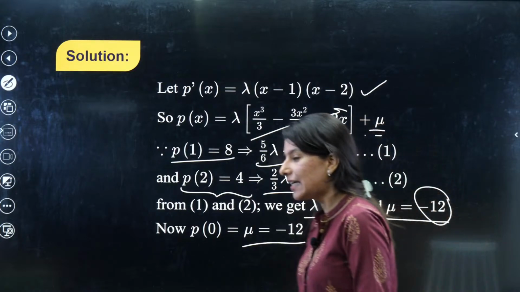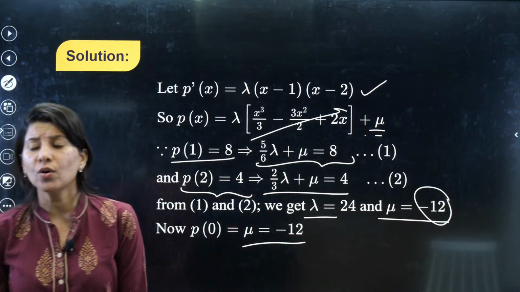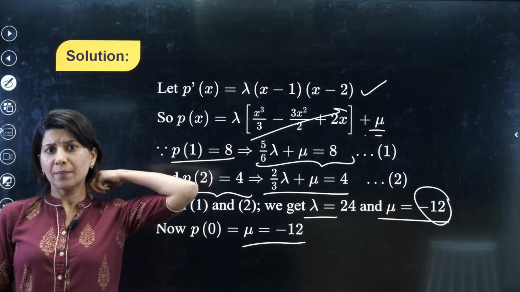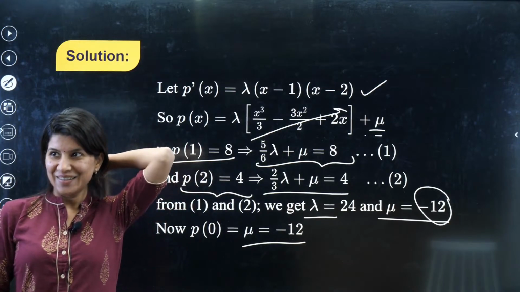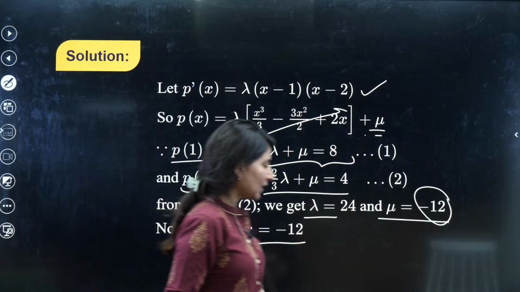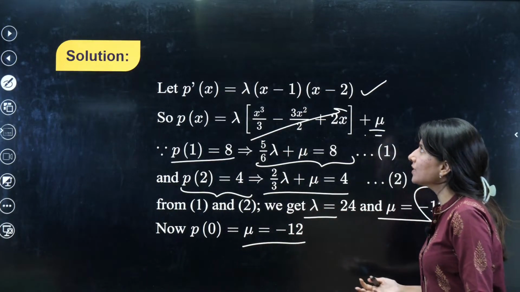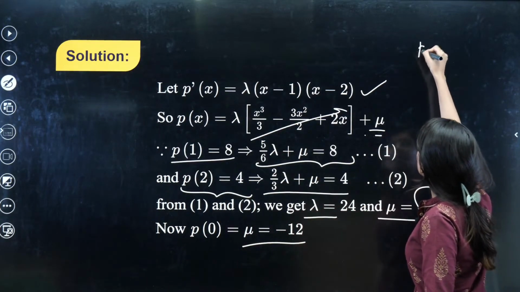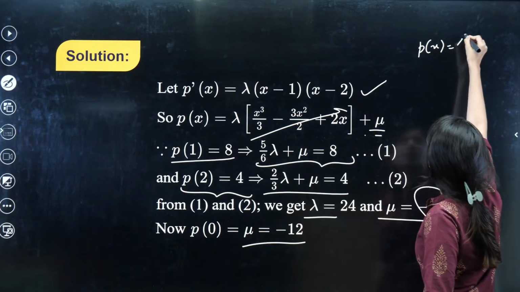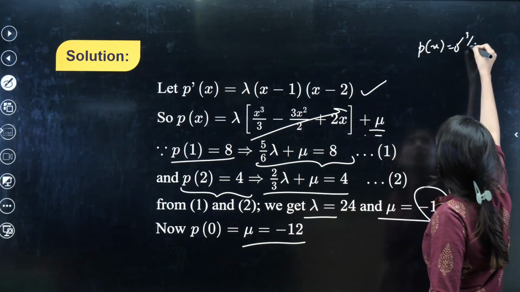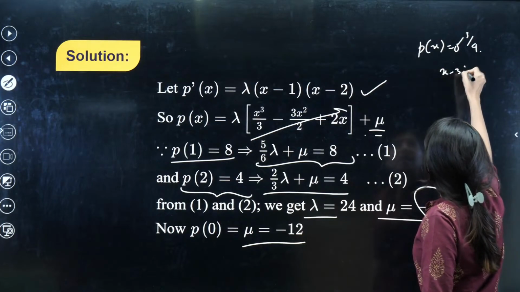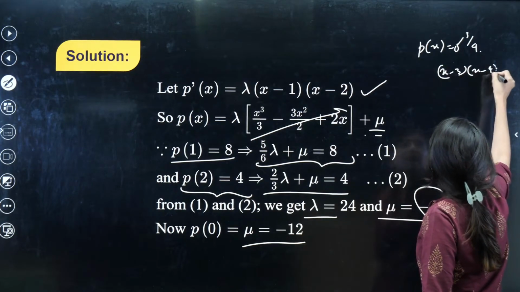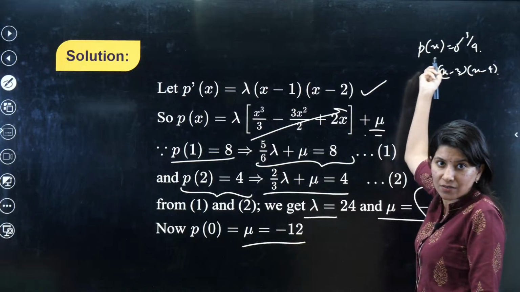Sanjay is asking why a, ma'am? Okay, so why a? That's how we do it. Suppose somebody is telling me that there is one quadratic equation whose roots are 3 and 4. So I cannot write (x minus 3)(x minus 4) directly. It could be 2(x minus 3)(x minus 4).